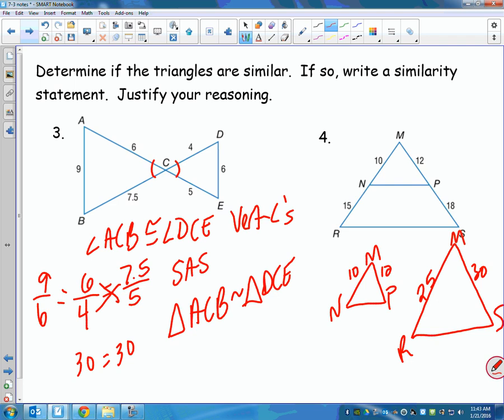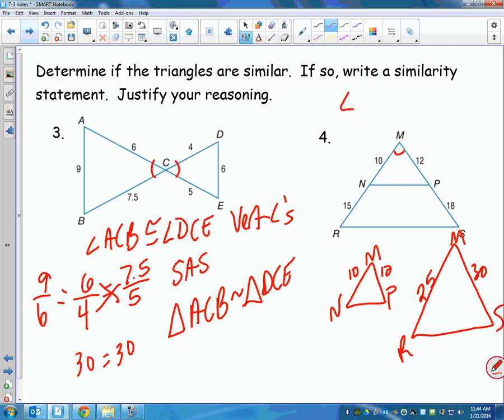Can we do side, side, side on this one? Do we know all three sides of the triangles? Which means we have to show this by side angle side. Which angle do we know is congruent to another angle in that triangle? M, because why? It's the same angle. It's like the reflexive property if you were going to write that proof out.